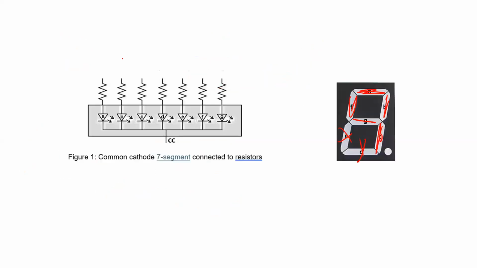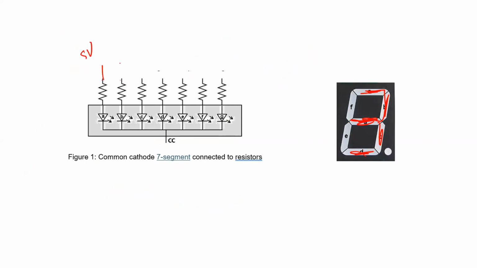This is very simple. Before I move forward, for example, I want to display number 3. So to display number 3, it has to be A, B, C, D, and G. For A, I am going to put 5 volt.